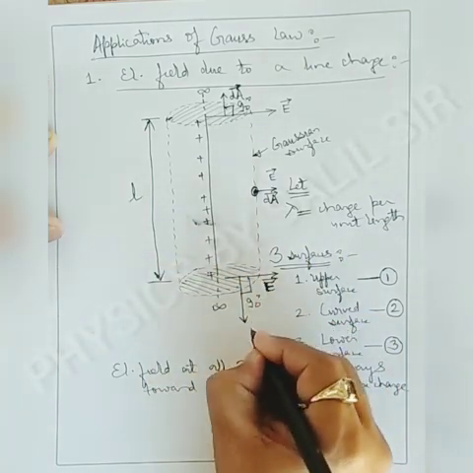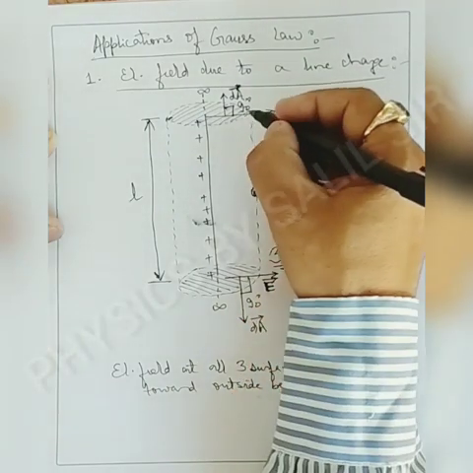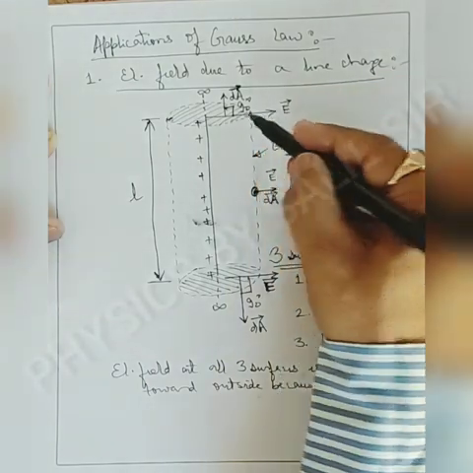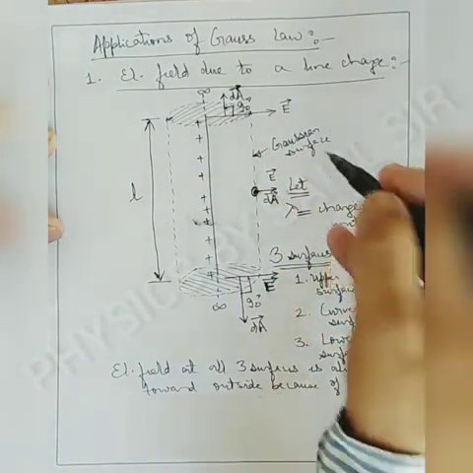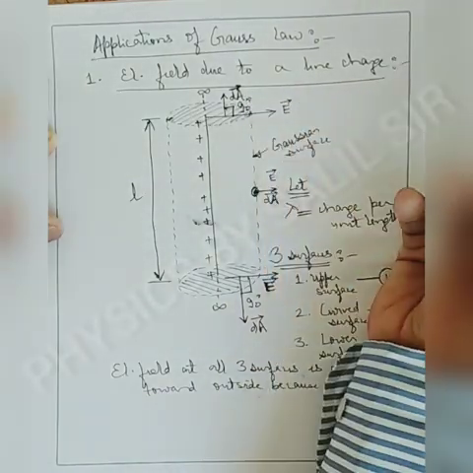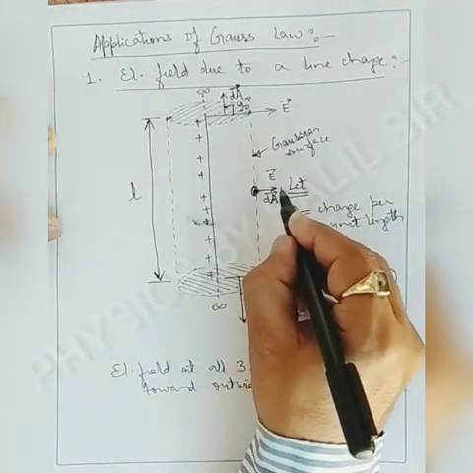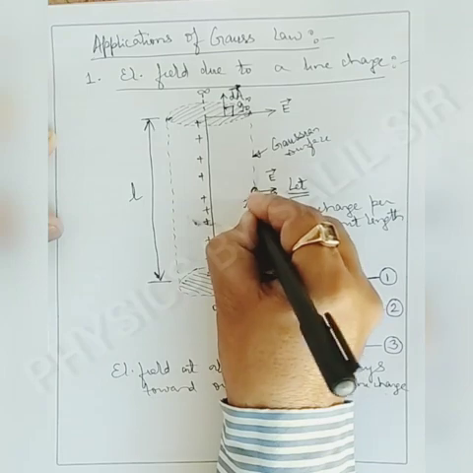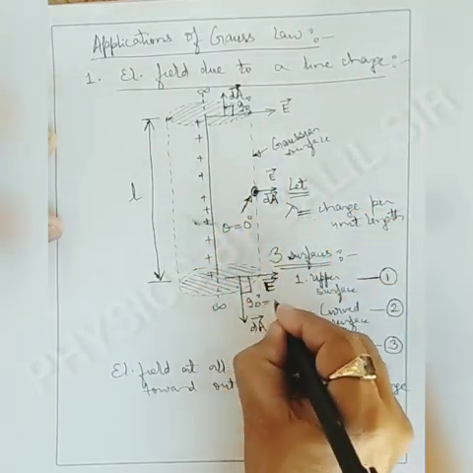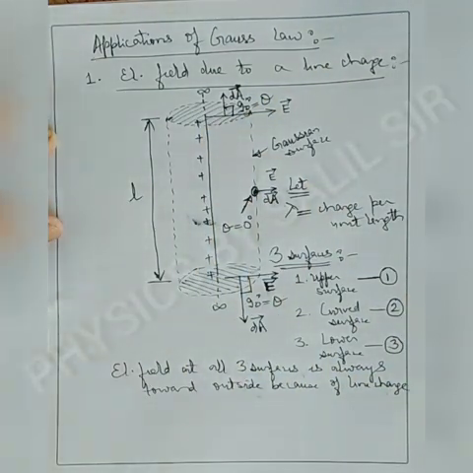So the angle between the area vector and electric field intensity on both faces of the cylindrical Gaussian surface will be 90 degrees, but on the curved surface the angle will be 0. So for the curved surface theta is 0 degrees, and for both faces theta is 90 degrees.